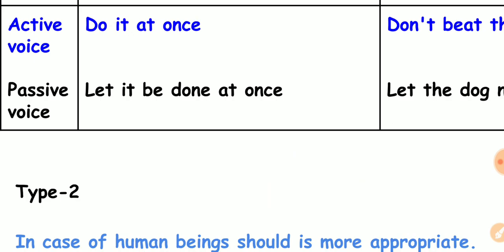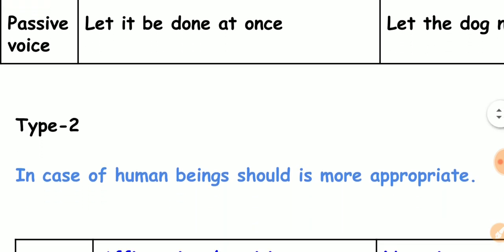So let us go and learn with the type 2 examples of imperative. As I already told you, let is used only for things and animals, that is, those used in the object position in the active sentence, while converting from active into passive.